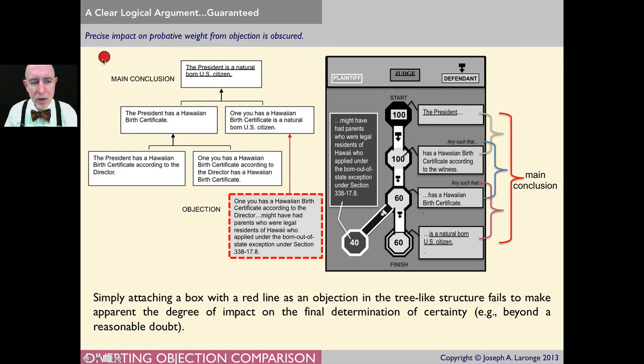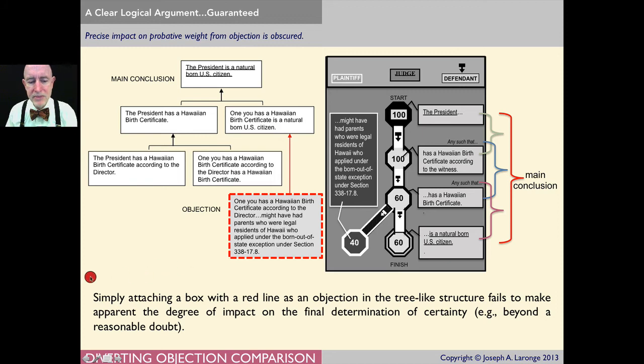So another problem, getting back to the tree-like structure, is that typically when it has an objection, it might put dotted lines around or change the color or point an arrow and say, okay, here's an objection to this premise.